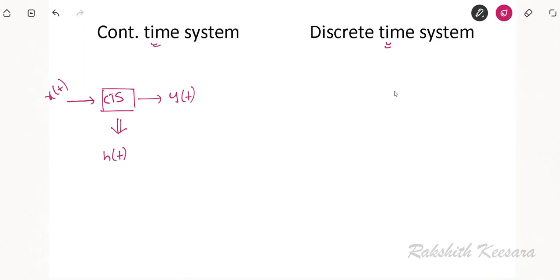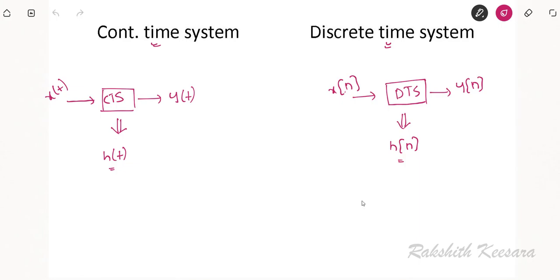Similarly, a discrete time system is one which processes only discrete signals. It takes discrete signal as input and produces a discrete signal as output, and this is denoted by h of n in square brackets.